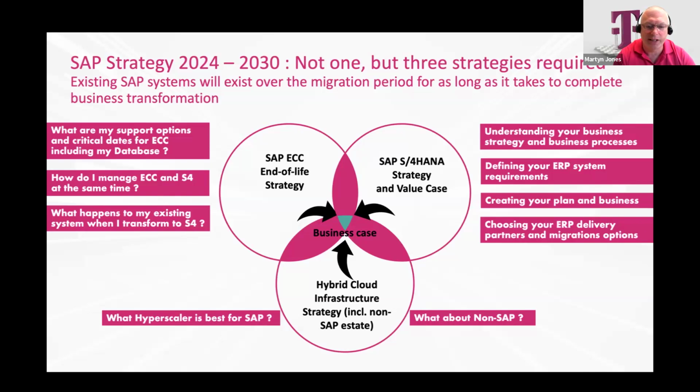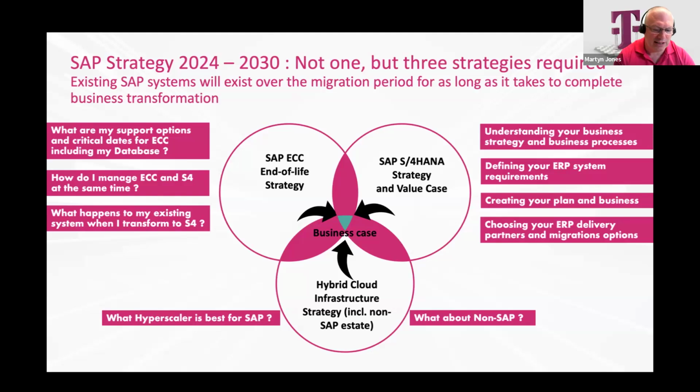Now that's a common question that I get asked quite a lot. The problem is SAP can be used on any hyperscaler, and the look and feel of SAP really doesn't change. So one of the key things that we look at is where your non-SAP systems are going to be, and the connectivity methodology between the two of them, which means that SAP normally sits well in the middle of that ecosystem.